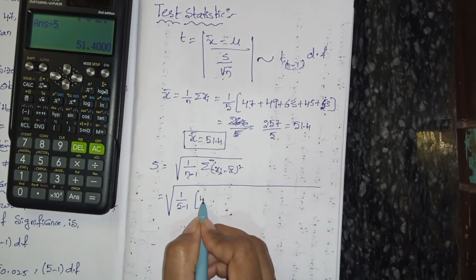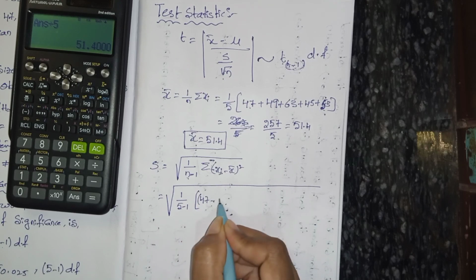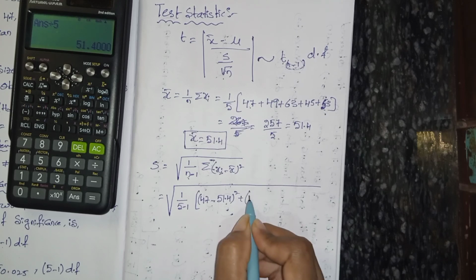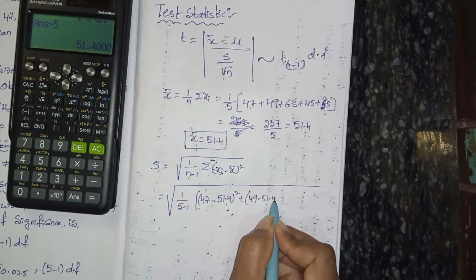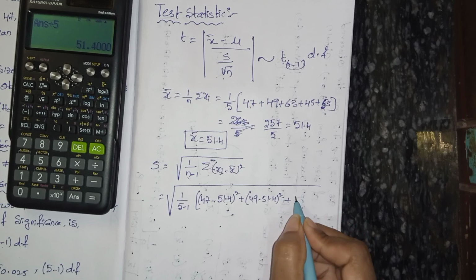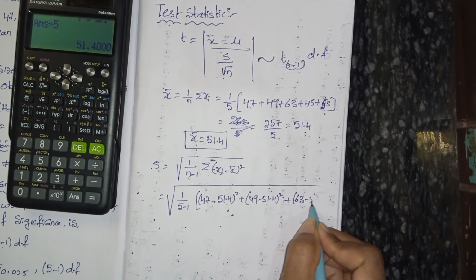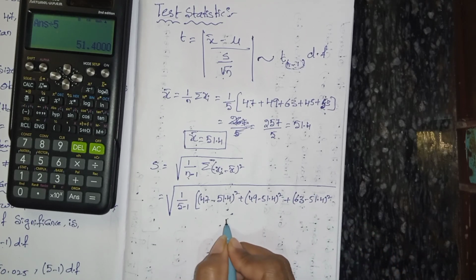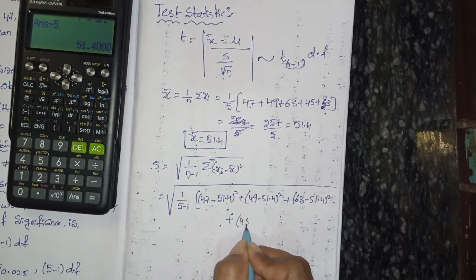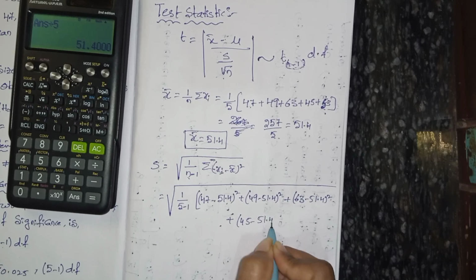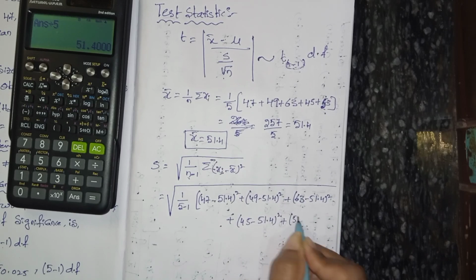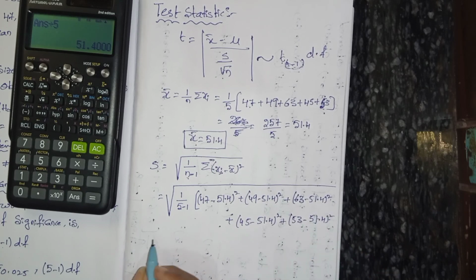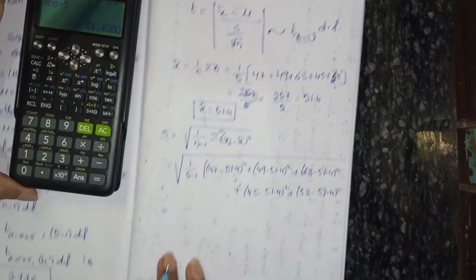So 47 minus 51.4 whole square plus 49 minus 51.4 whole square plus 63 minus 51.4 whole square plus 45 minus 51.4 whole square plus 53 minus 51.4 whole square. Okay, now we have to calculate this one.